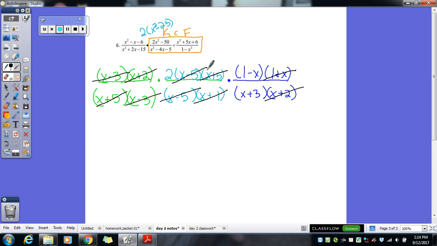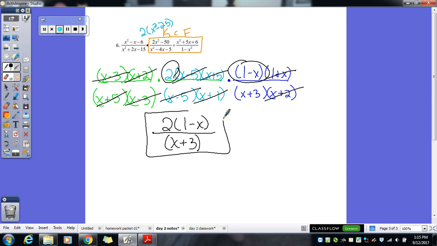And x minus 5 with x minus 5. So let's see here. We're left with a 2 and a 1 minus x in my numerator. What's left in the denominator? X plus 3. That's your answer. So from all of that down to just that little one. It's crazy.